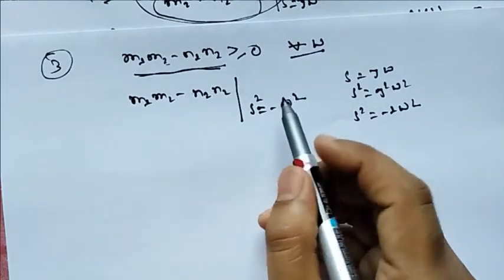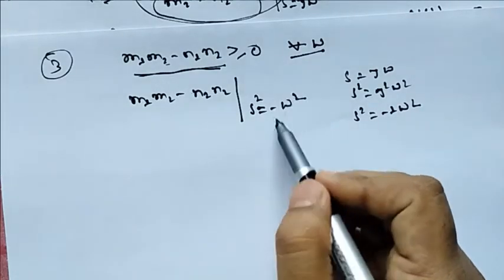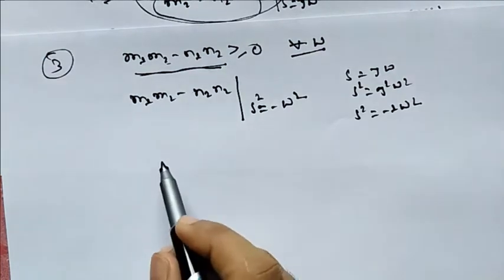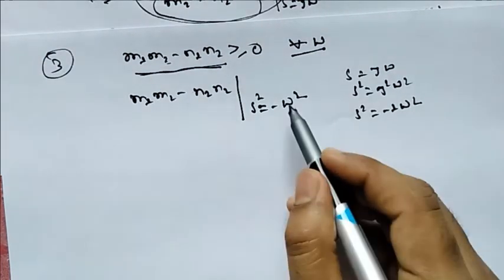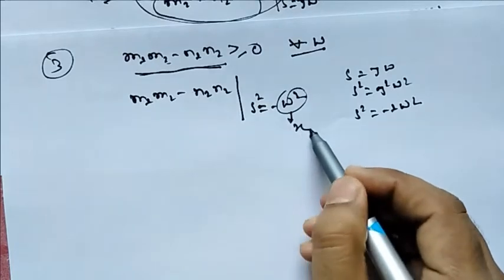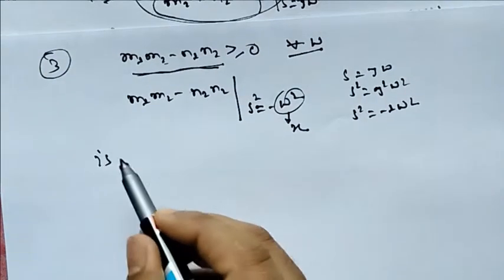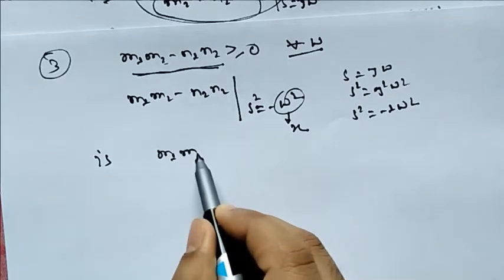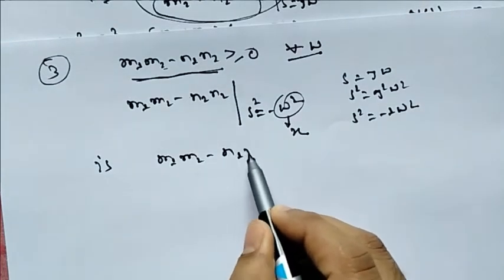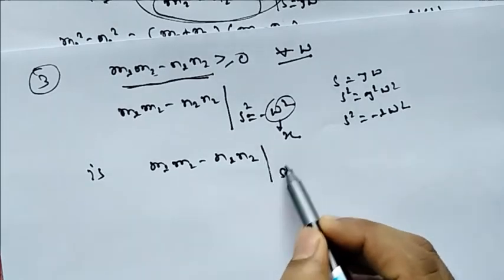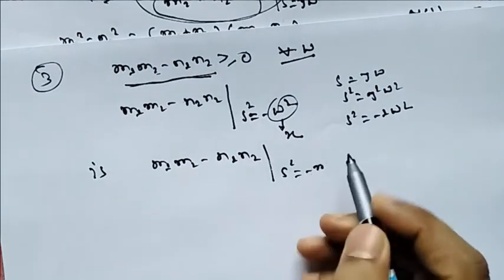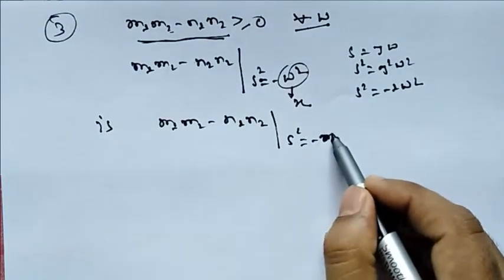Now it is very tough to check at omega square because the equation will become complex. So what we are doing, we are replacing this term with x, then we will be checking m1 into m2 minus n1 into n2, where s square, that is minus omega square, is equal to minus x.